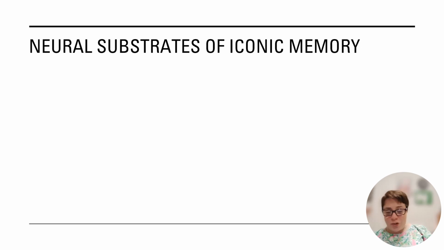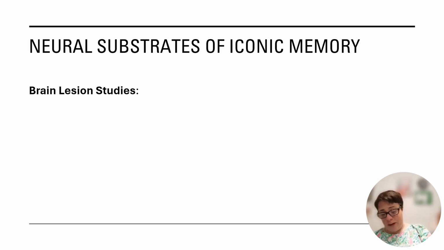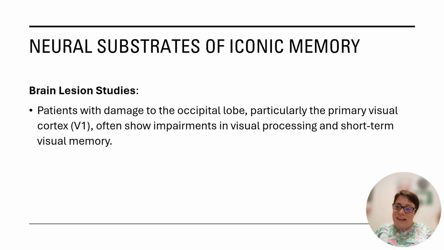So another interesting question is, what are the parts of the brain that correspond to iconic memory? Well, there's a lot of insights on this, right? Brain lesion studies have looked at patients with damage to the occipital lobe, and particularly the primary visual cortex, or V1.